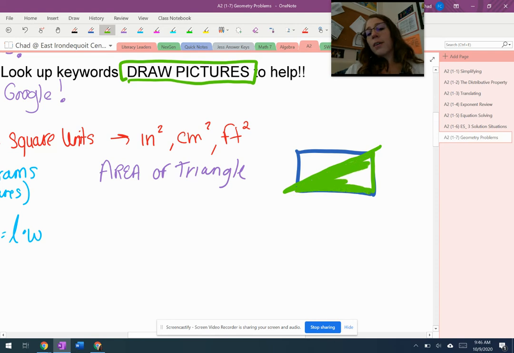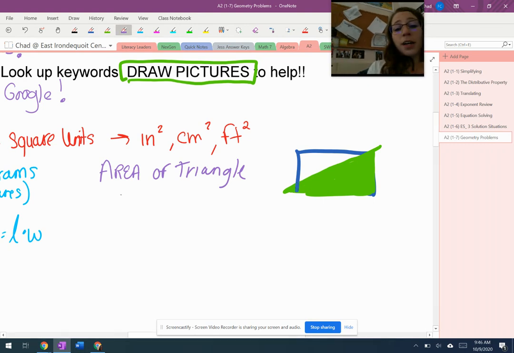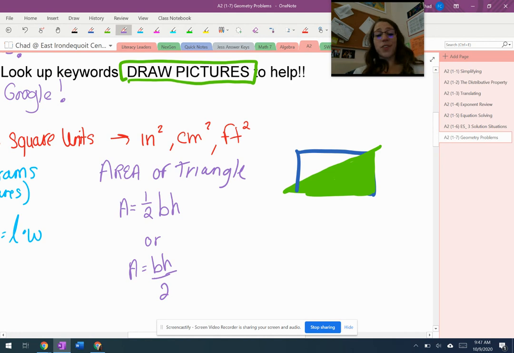So now I have a triangle. The fact that a triangle is half of a rectangle makes sense that our area formula for a triangle is 1/2 base times height, or you could write that as base times height divided by 2. Remember, multiplying by 1/2 is the same thing as dividing something by 2. Just don't forget that 1/2 there.